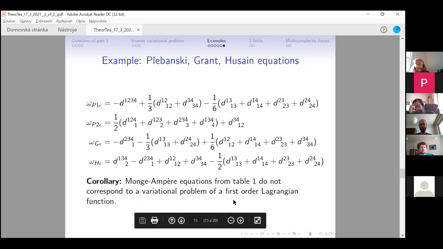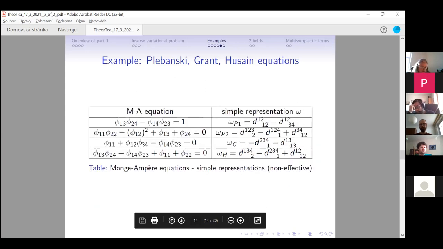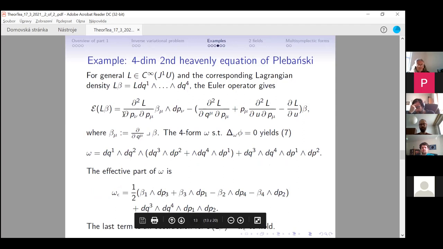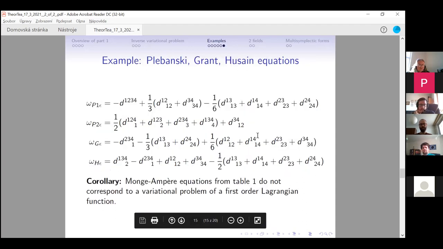They are not included in the EL beta, in the most general form that we can have. You see, you always have only one DP. So the corollary is that all those 4 Monge-Ampere equations do not correspond to a variational problem of a first-order Lagrangian function.